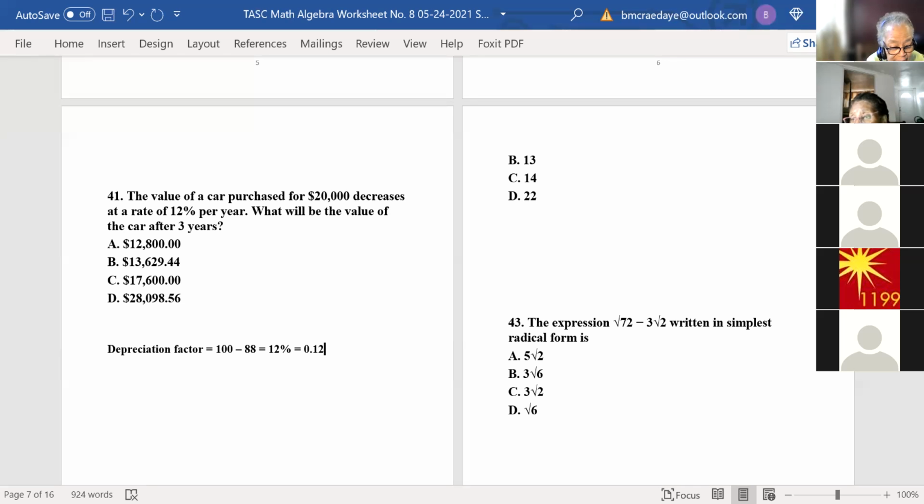How did you get the 88? Take the 12 from 100. Well, it's 12%. So 100 minus 12 is 88. Okay. So it depreciated by a factor of 0.12. I'm sorry, I'm doing it in reverse. This should be 12, and this would be 88.